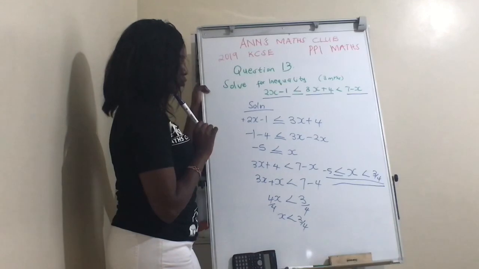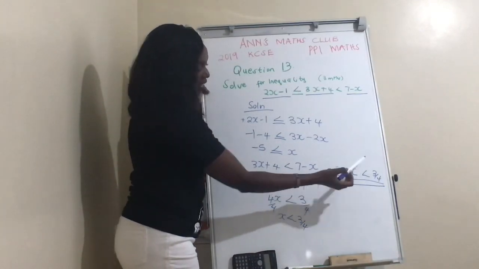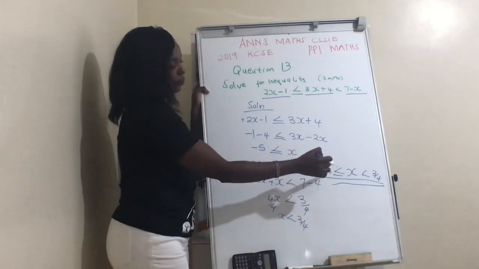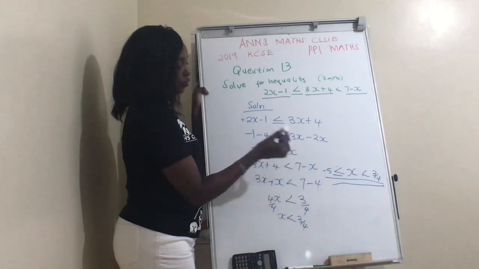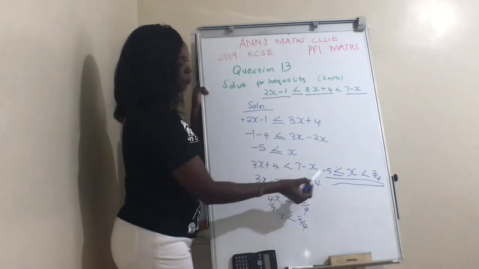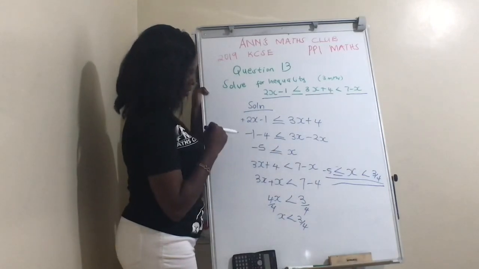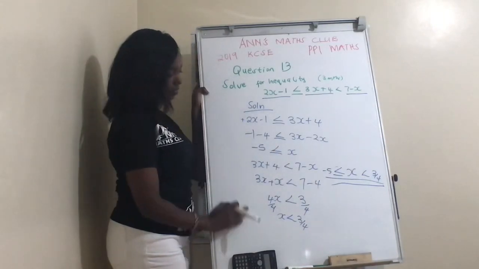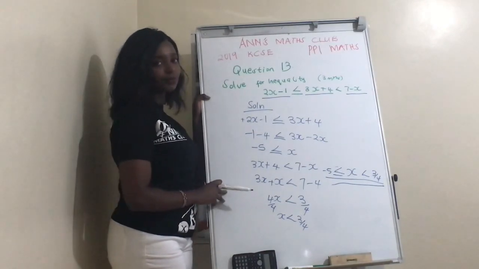Remember, if you want to be sure, the signs have to follow the same direction. So when you come to your answer, you have to ensure that they follow the same direction. And yeah, I think that is basically how you are expected to calculate question number 13.